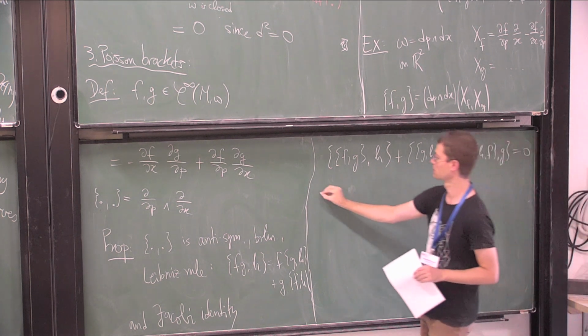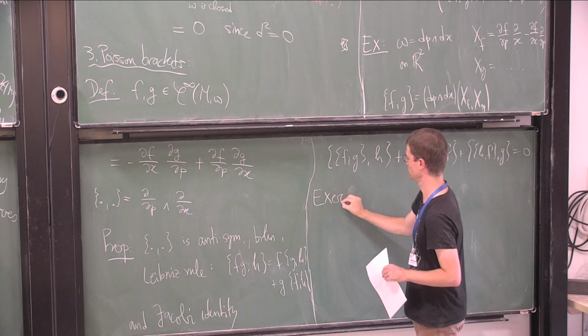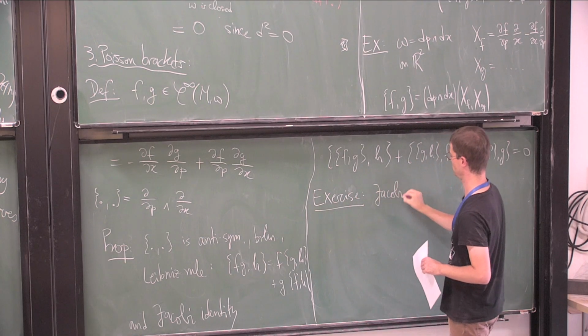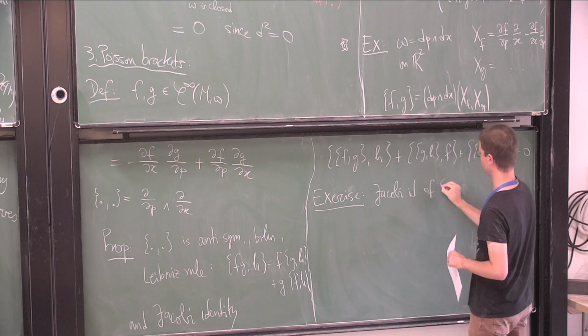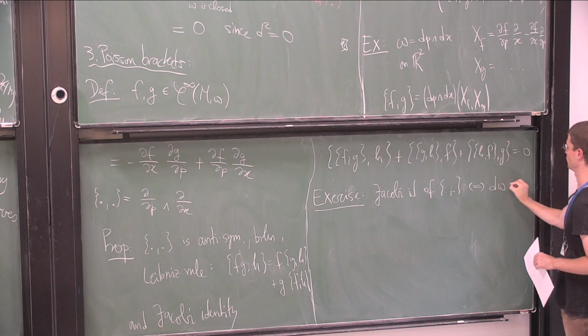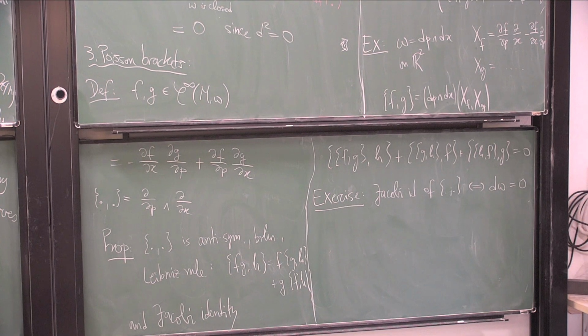What you can check as an exercise is that the Jacobi identity of the Poisson bracket is actually equivalent to the symplectic form being closed. This is another good reason why the symplectic form should be closed.